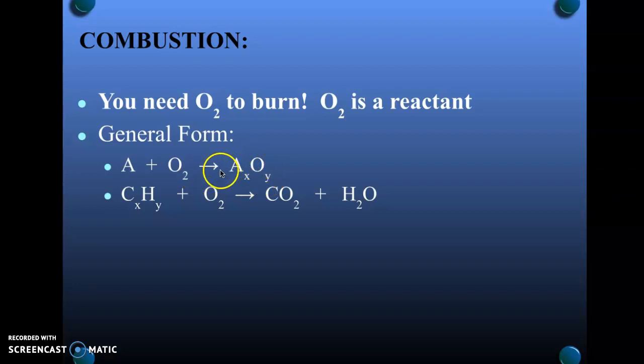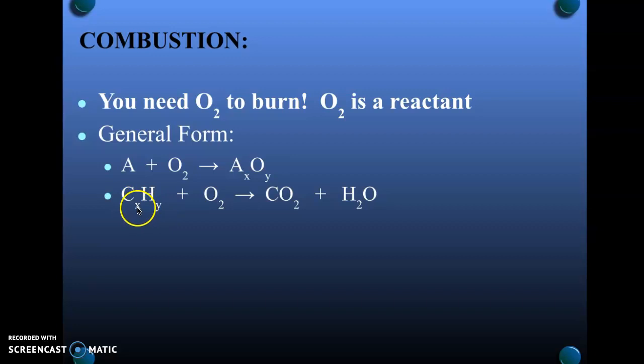Now you might look at this and say, well, that's also a combination reaction because you have just a single product, and that's true. With this type of reaction, you could classify it as either combustion or a combination. Both would be correct.